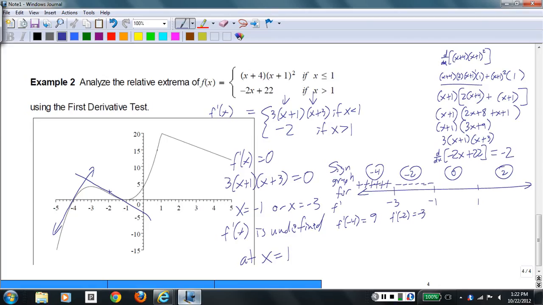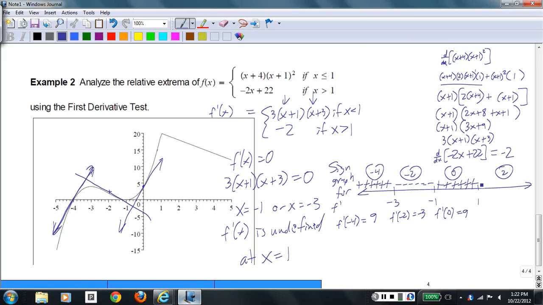How about f prime of 0? We still get to use this. 3 times 1 times 3, is that 9 again? Does it look like that line is parallel to that line? Maybe they both have a slope of 9, but it does look like f prime of 0 equals 9.